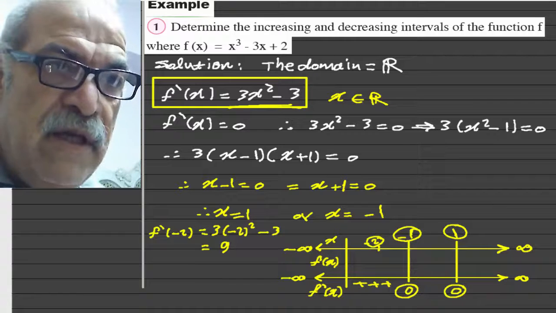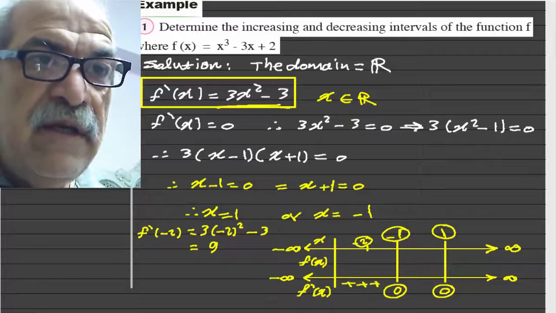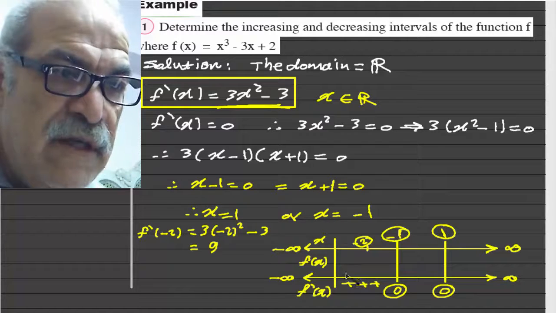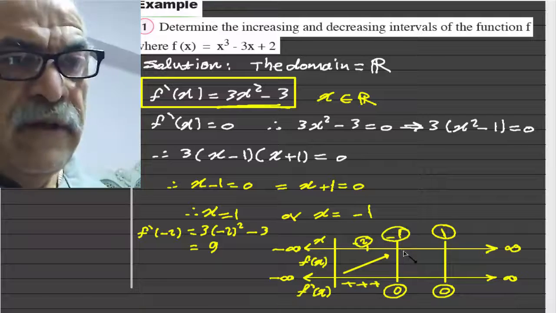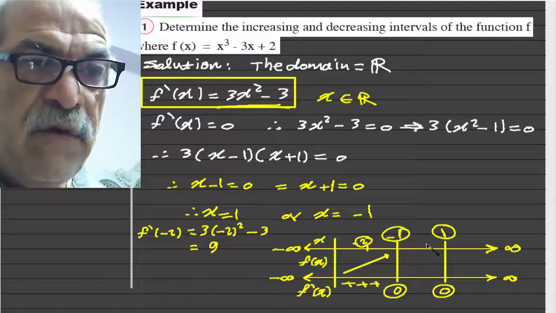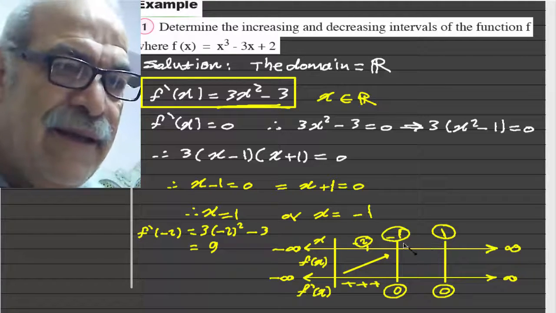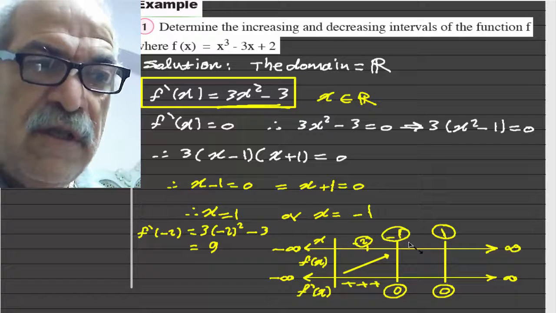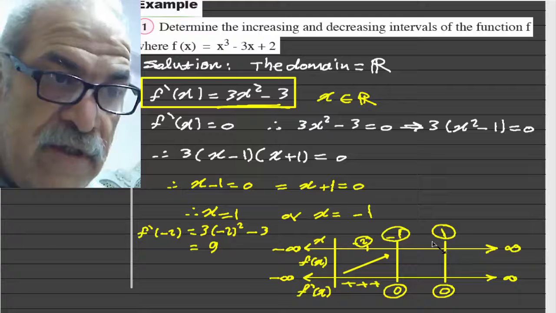And you can say that the function f of x is increasing on this interval. We choose another number belonging to the open interval from -1 to 1, of course. Don't take -1 or 1 because f dash of x equals 0 at these 2 points.